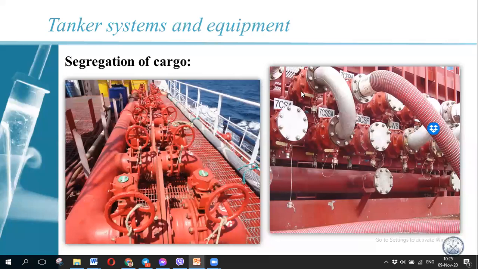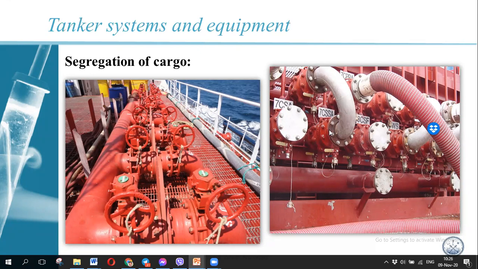Another one is the spool piece. You have in this line one cargo, in this line another cargo. To protect this, you just dismount this U piece, take it off by the bolt, remove the bolt, dismount it, so the cargo will never come from this line to this line.